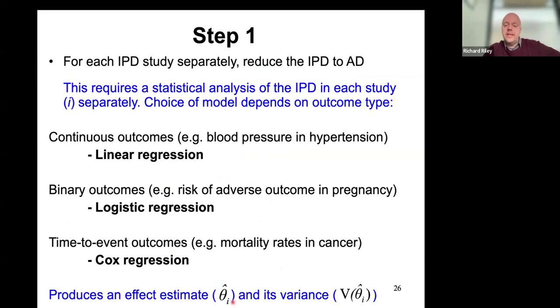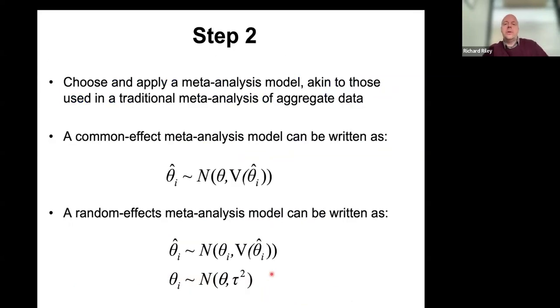Here I denote it by theta i, and its variance v theta i. So i denotes a trial. And in the second stage, what I'm going to use is a standard meta-analysis model. So, for example, in a common effect or fixed effect meta-analysis, I assume that all those treatment effect estimates across studies are some estimate of the underlying true treatment effect.